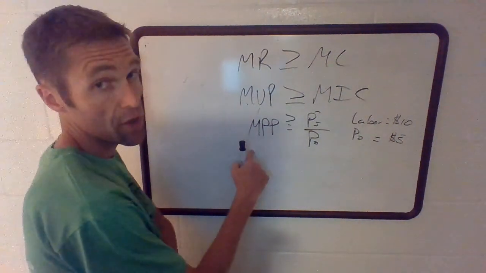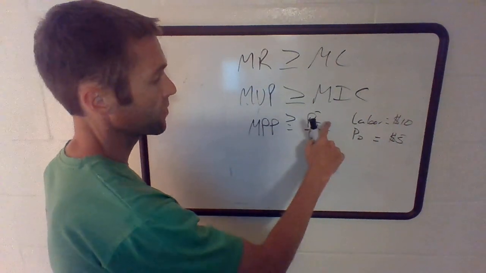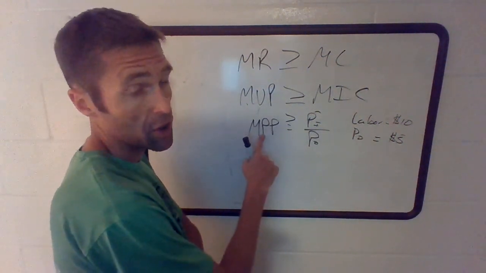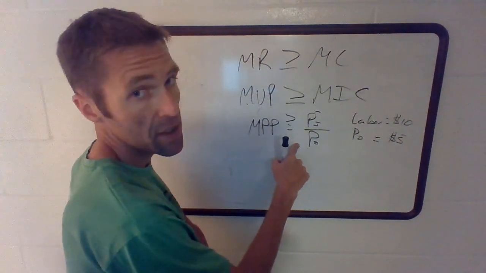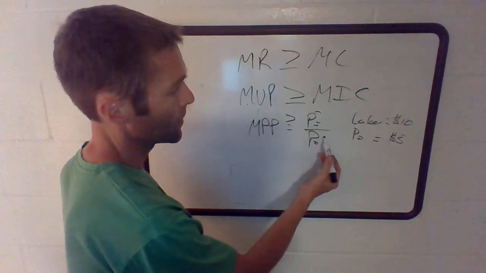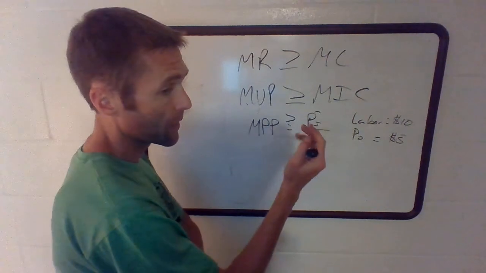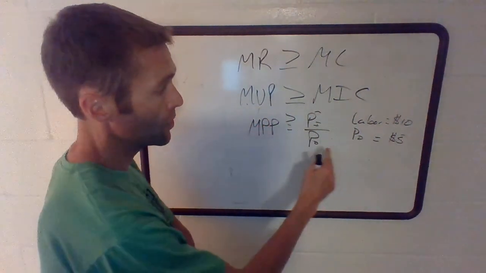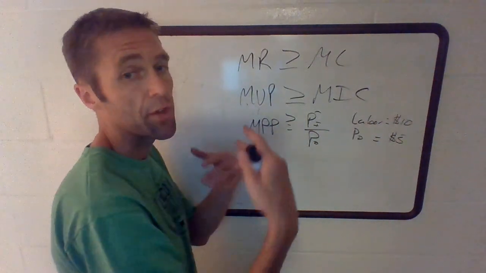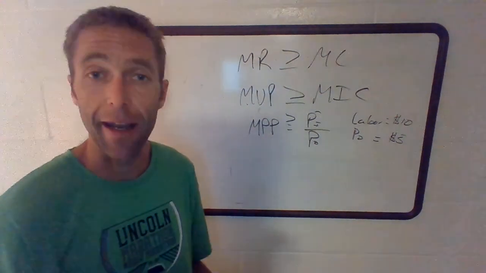This is saying that you should continue to use labor as long as the additional labor is garnering you at least 2 sandwiches. Think about that. The price of the input, 10, divided by the price of the output, 5, is 2. I need to get 2 $5 sandwiches out of an additional laborer to justify the hiring. Okay? This would be another way to look at a decision rule.